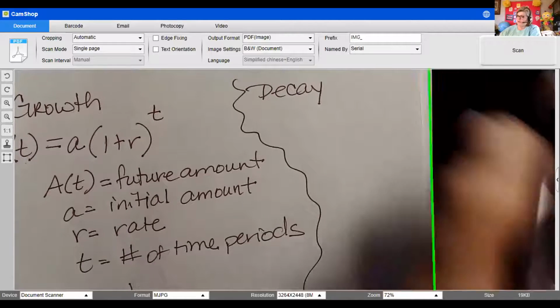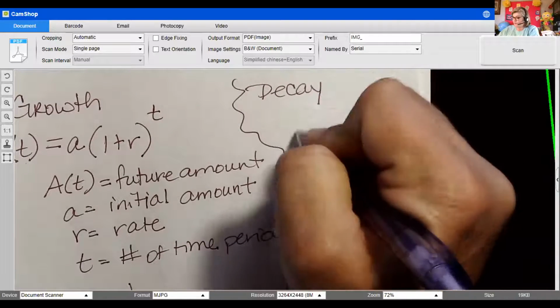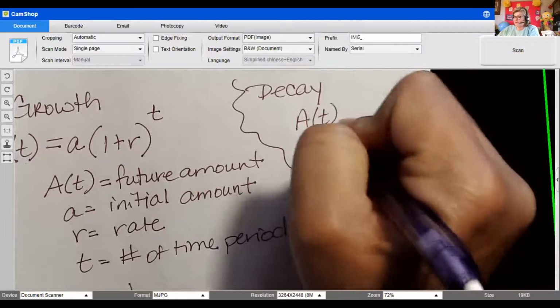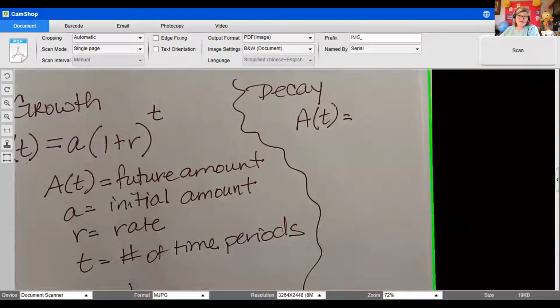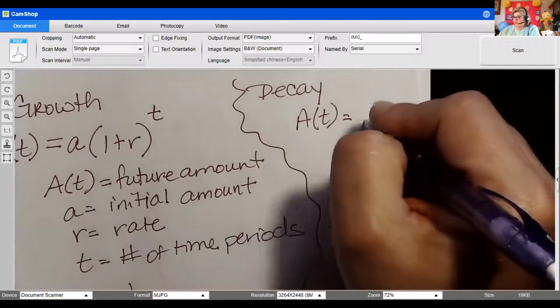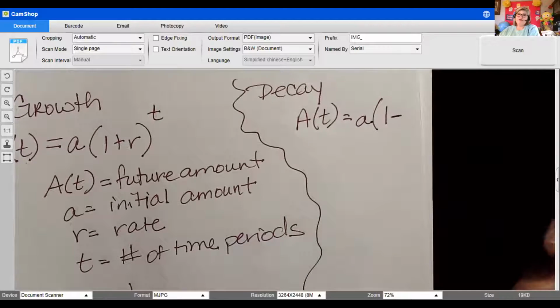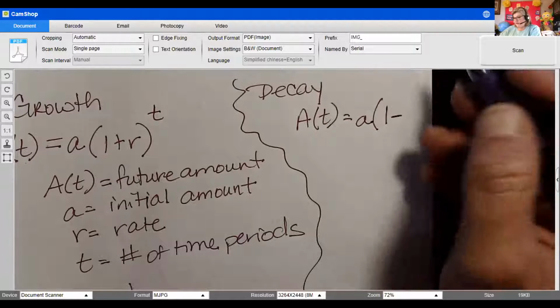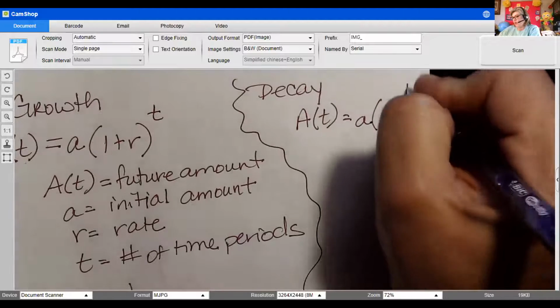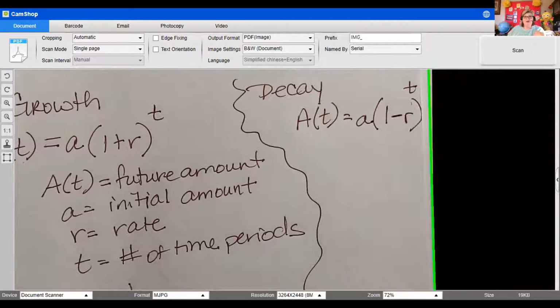Let's look at it. The future amount is still A of t, equal to your initial amount times 1 minus r, all raised to the t. So that's your difference between your growth and your decay. Growth, you're adding. That kind of makes intuitive sense because you're expecting things to grow. And how do you grow your paycheck?